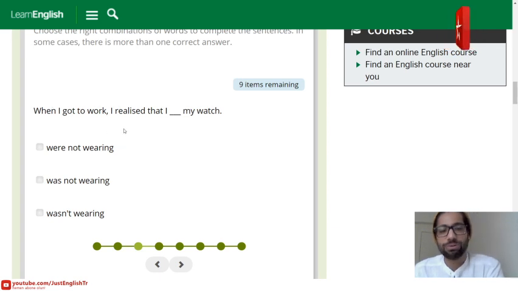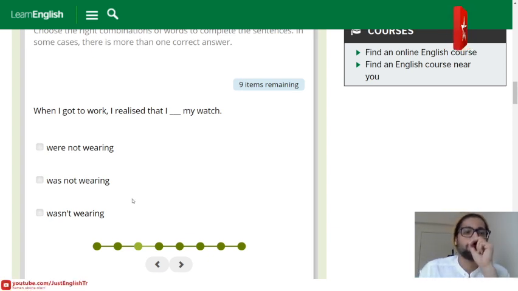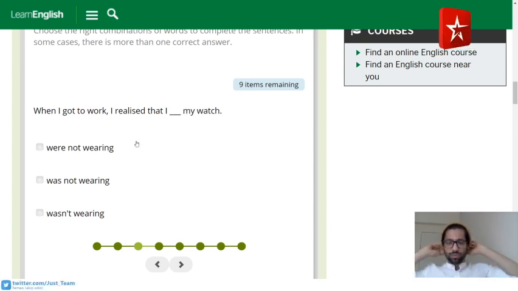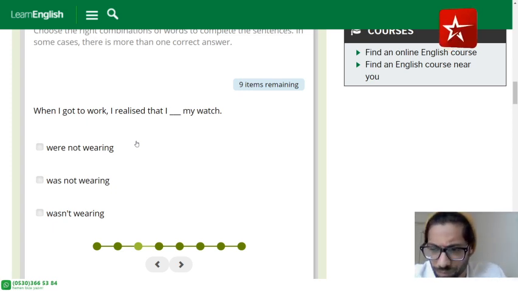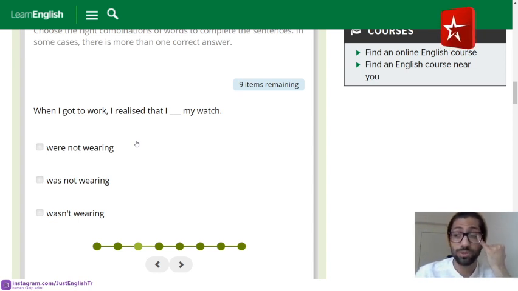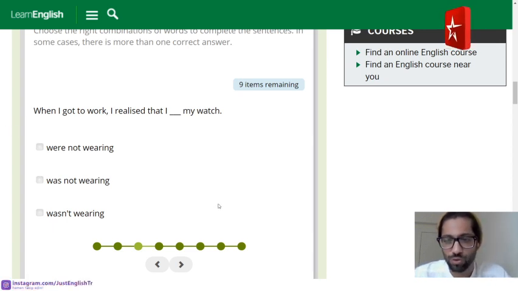When I got to work, I realized that my watch. Which one here? What will we use here, guys? I want us to go a little faster because I need to talk about used to.